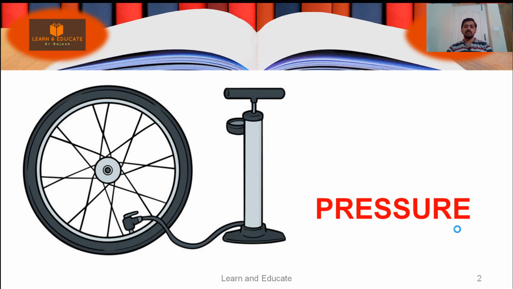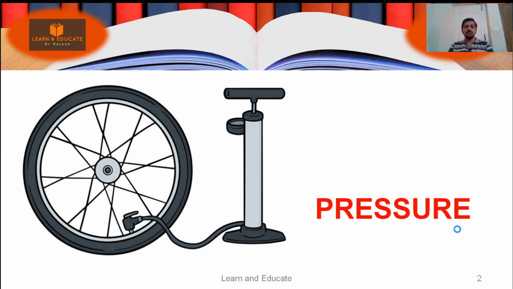A very simple example, or the experience which comes to our mind when we talk about pressure, is the tire pressure and the gauges which are used to measure the pressure in tires, right?